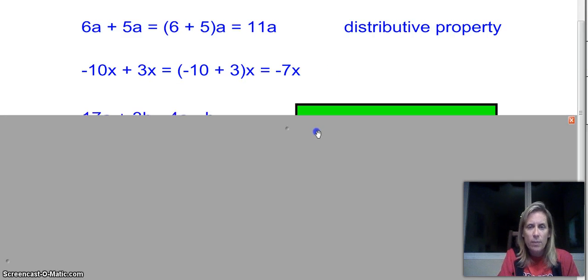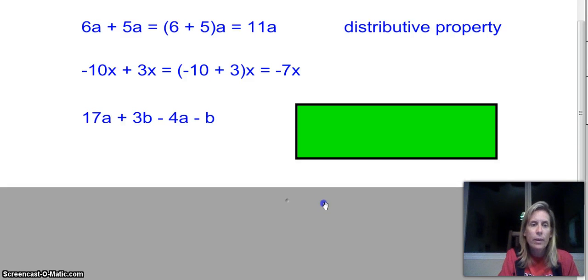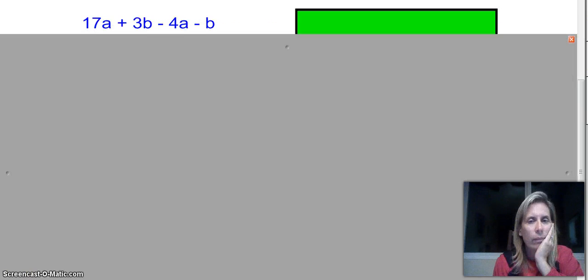Let's try that with something a little more complex. Okay? Can you simplify this expression? Okay, so one thing we said when simplifying these expressions is we can change all of the subtraction to addition of the opposite, right?